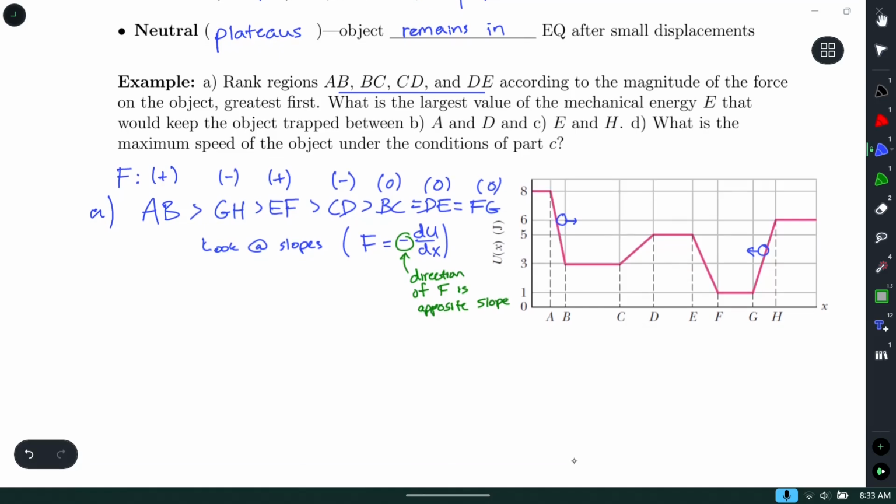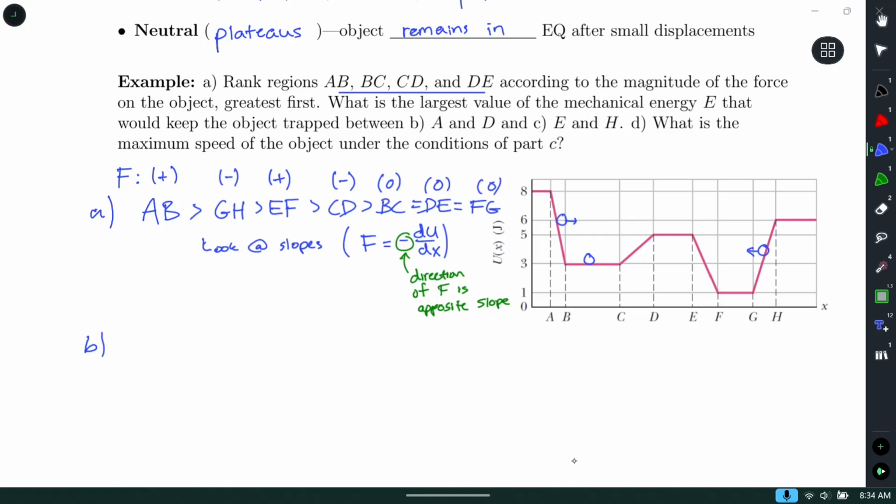All right, part B is what is the largest value of mechanical energy, meaning that lid that we can put on this system to specify what parts are accessible to us. What's the largest value that could have to keep the object trapped between A and D? In other words, I've got my ball, maybe it's down at the bottom of this hill.